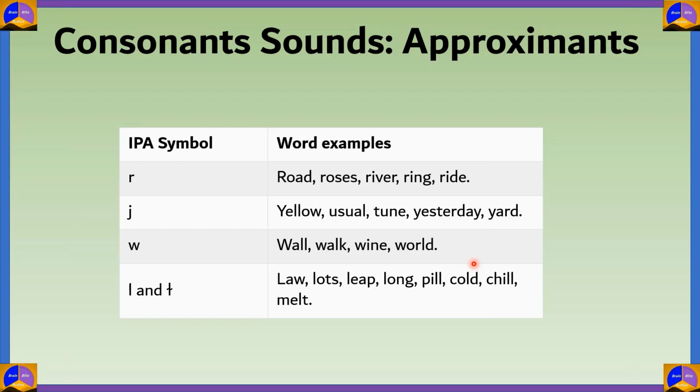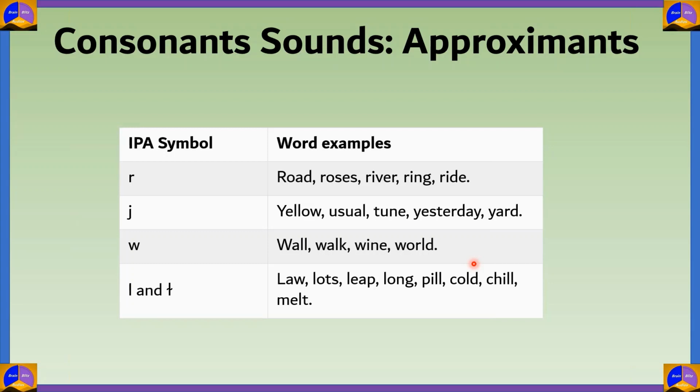The next approximant in the IPA is represented by the lowercase w, and it represents the sound w. Now the w sound is achieved by placing your lips in a closed loop, such as like that.